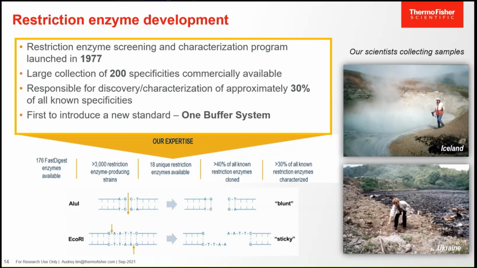This was how we generated a large collection of 200 commercially available restriction enzymes. On top of that, as I mentioned in a previous slide, one challenge of conventional restriction enzymes is the multiple buffer system, so we were the first to introduce a new standard, the one buffer system, to address this challenge.